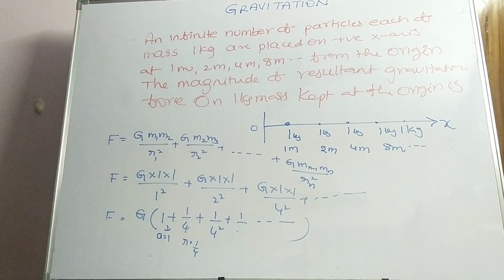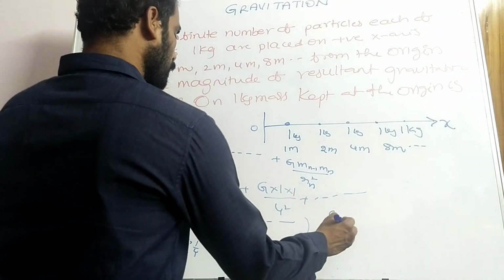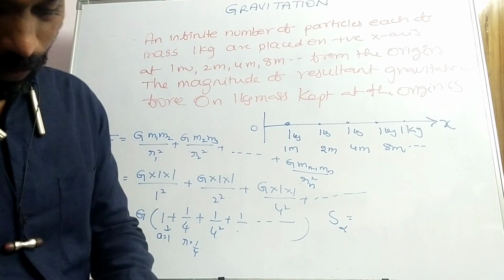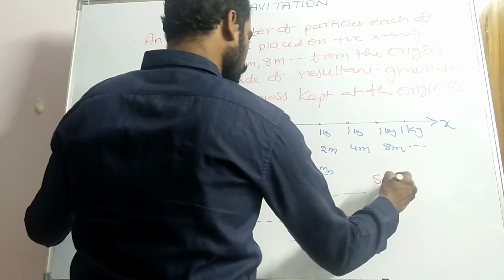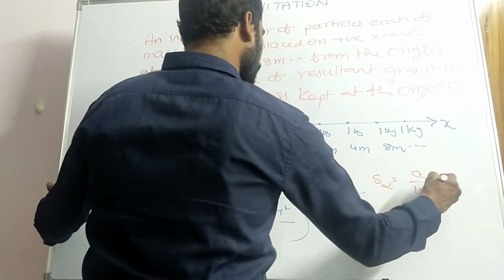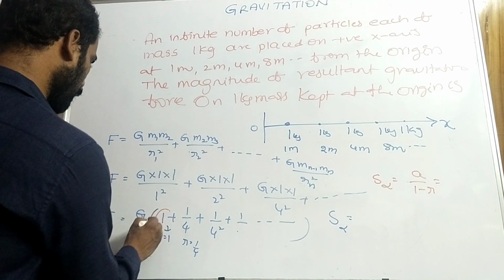So the a value is 1, and S infinity is equal to a by 1 minus r, as for a geometrical progression. What is a here? Here a will be 1.